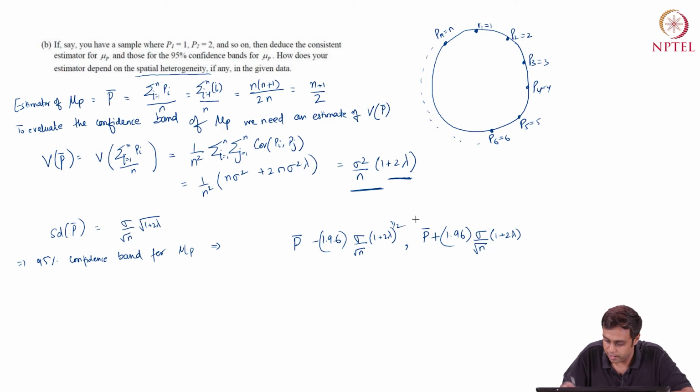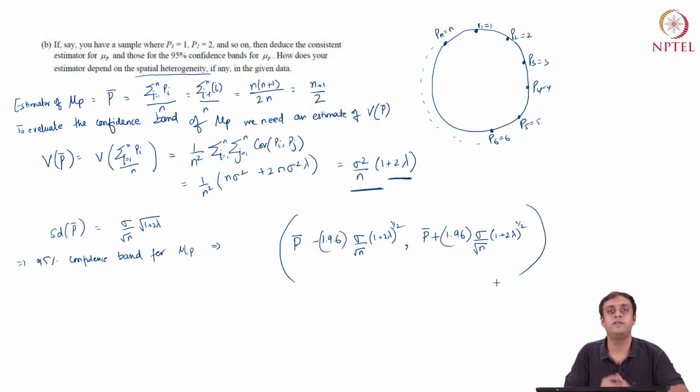Of course, 1 plus 2 lambda has a power of 1/2, that is, the square root of this value. So this is the 95% confidence band of mu p. And obviously we know that p bar is nothing but (n plus 1) by 2. This is something we have evaluated on this page.